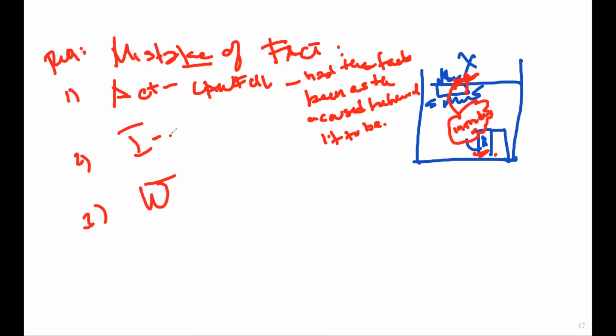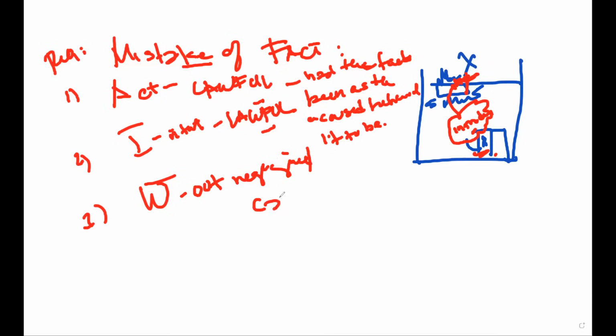Second, his intent is lawful as well. So there was no intent to kill actually X, no? He was sleeping eh. So he was only defending himself. So it's a self-defense on the part of Acho. And thirdly is without negligence or carelessness on his part.